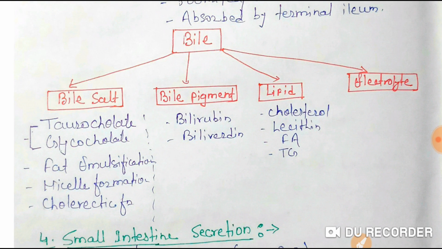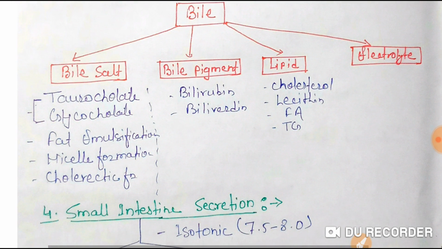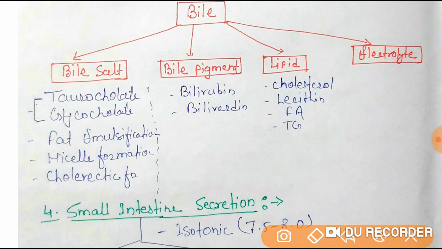If we talk about the bile components, it contains bile salt, bile pigment, lipid, and some electrolytes. The bile salts are taurocholate and glycocholate. Bile pigment contains bilirubin and biliverdin, and the lipid components include cholesterol, lecithin, fatty acid, and triglyceride.